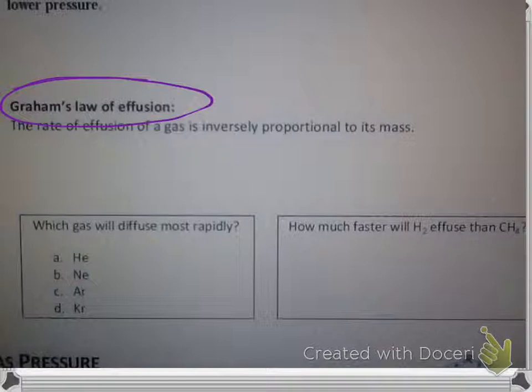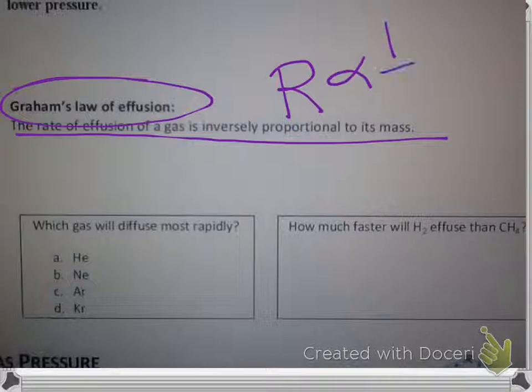Graham's law states that the rate of diffusion of a gas is inversely proportional to its mass. So the rate, that's how fast something occurs, the rate of diffusion of a gas is inversely proportional to its molar mass.